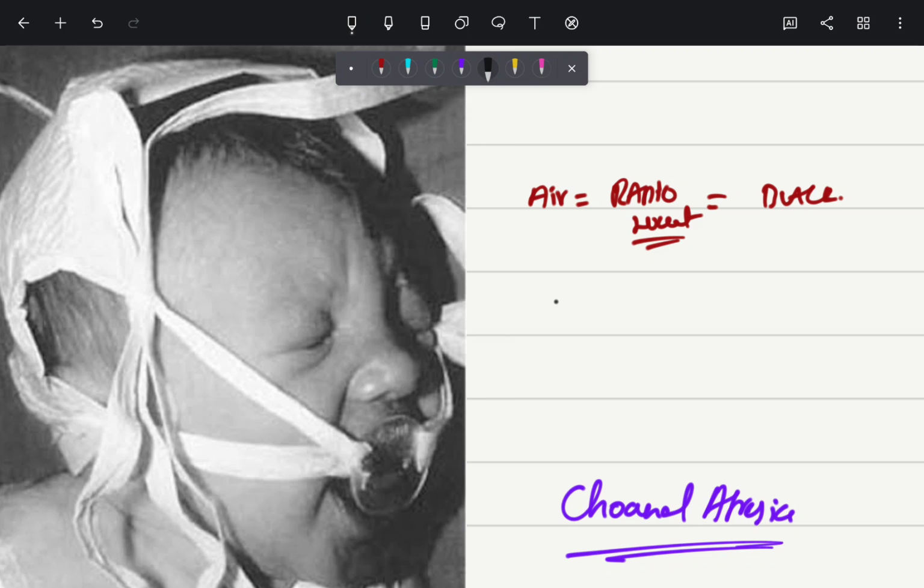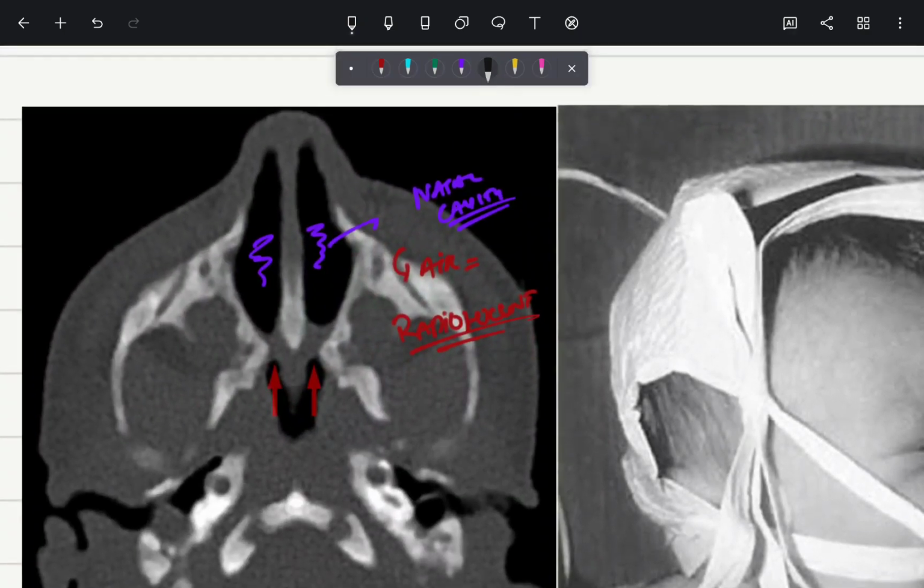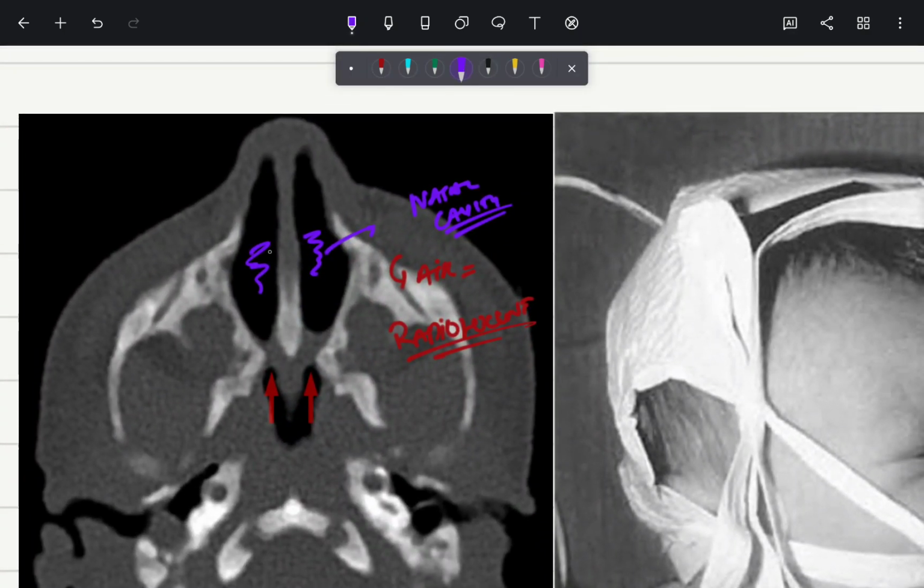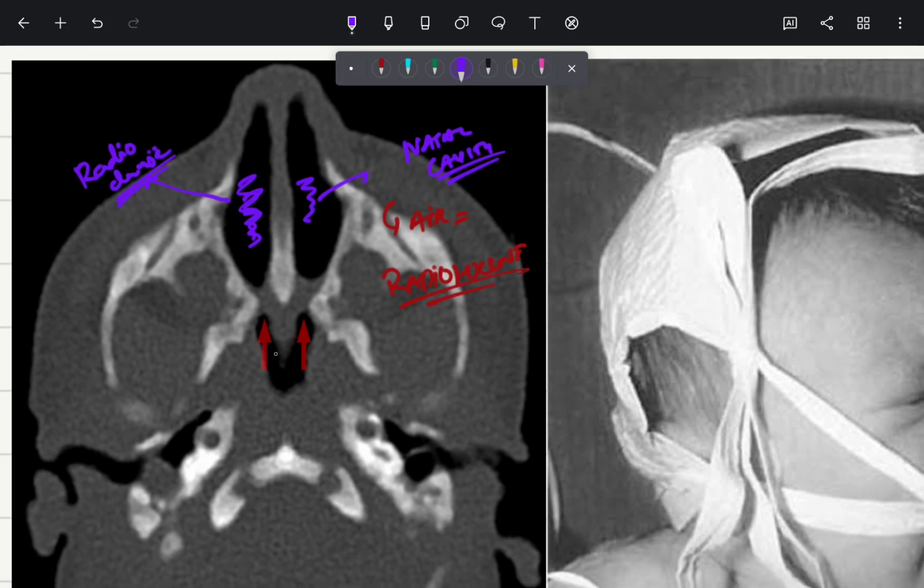You can also hear the term radiodense. Whenever you hear the word dense, it appears white in color. So as you can see here in the nasal cavity, the air is very dark in color, so it is radiolucent. Okay, and as you can see here, this is the nasopharynx, and unfortunately there is a blockage here.